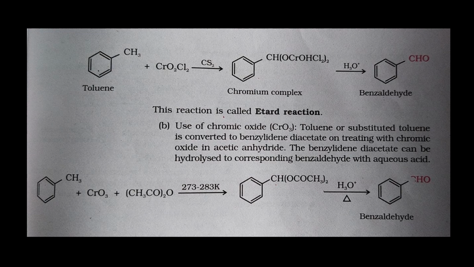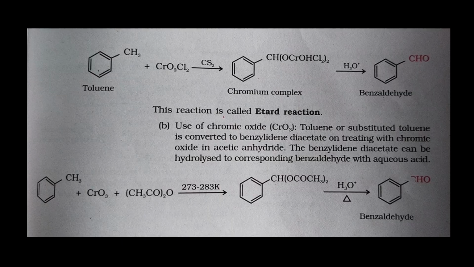That is, toluene plus CrO3 plus (CH3CO)2O at 273 to 283 Kelvin gives C6H5CH(OCOCH3)2, which in the presence of H3O+ and heat gives benzaldehyde.